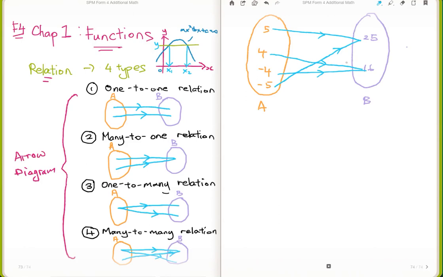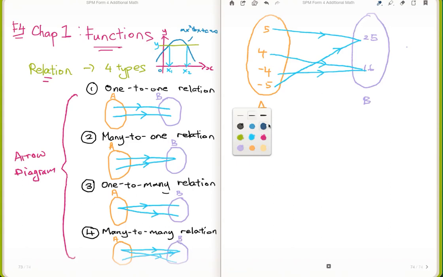Okay, so you want to state the type of relation between set A and set B. No harm answering it here. Maybe we'll give you some time to look at it, with reference to my previous page, page 1.